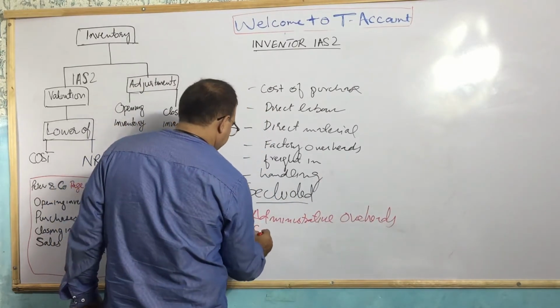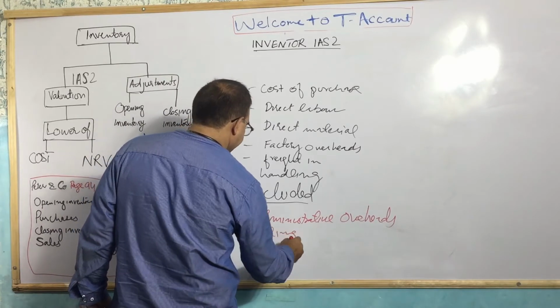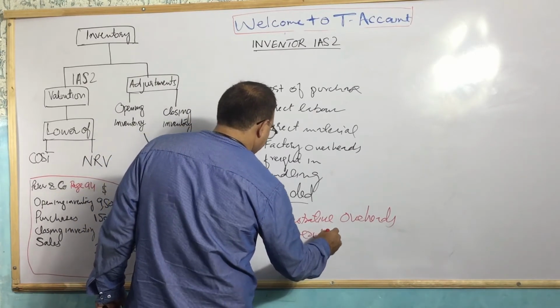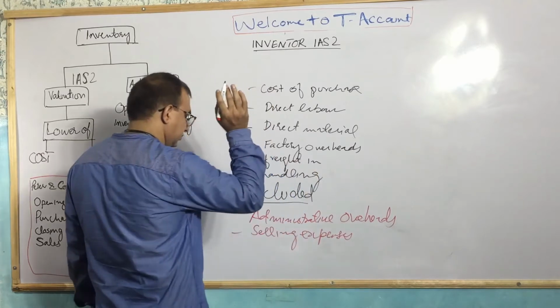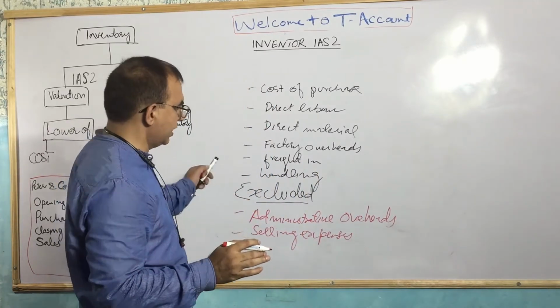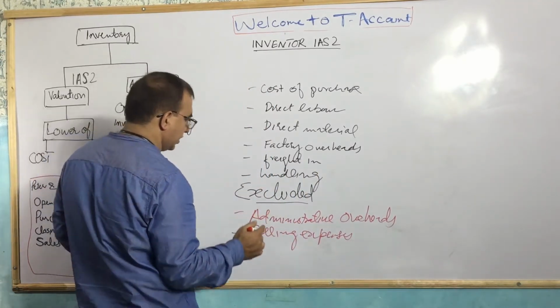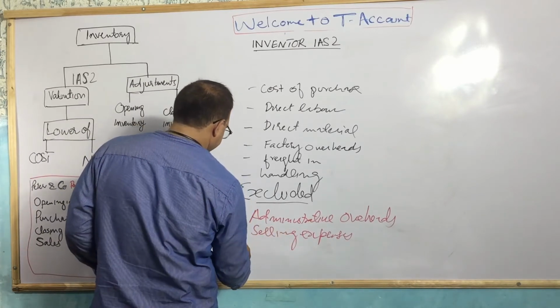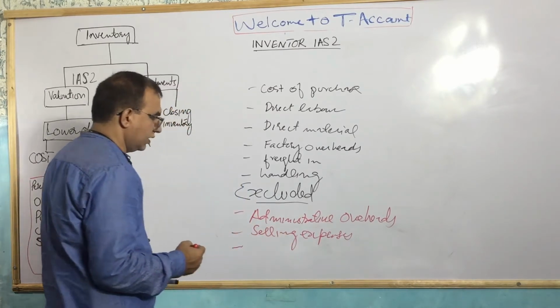Then if you have some selling expenses, they can never be added. The discussion of NRV is different from this, but here you cannot add any selling expenses. Then what else?